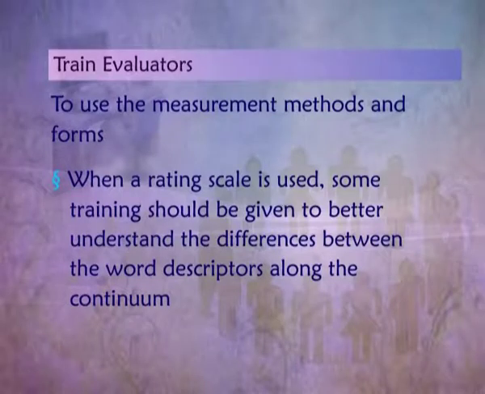Evaluators need training to effectively use MBO, that is management by objectives, and to write a good narrative. When a rating scale is used, some training should be given to better understand the differences between the word descriptors along the continuum, that is excellent, good, and so on. Bars and ranking forms are fairly straightforward, but when they are used, some training can help overcome problems.